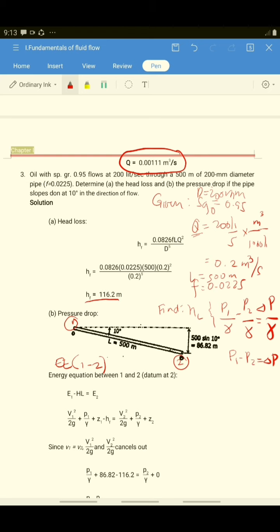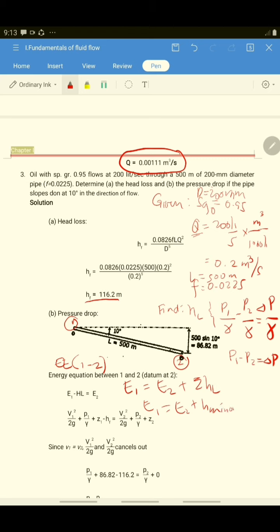So in this problem, it uses E. For equation 1, the energy at 1 is equal to the energy at 2 plus the summation of head loss. So your head loss is equal to minor loss and major loss.